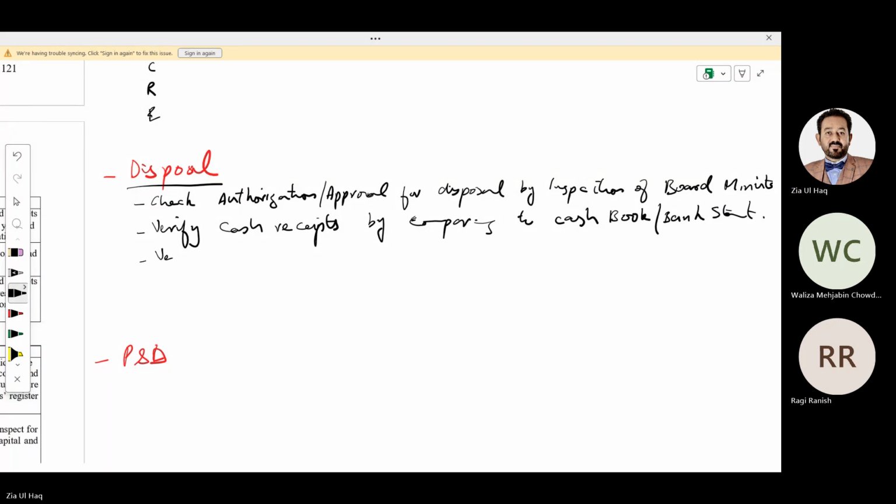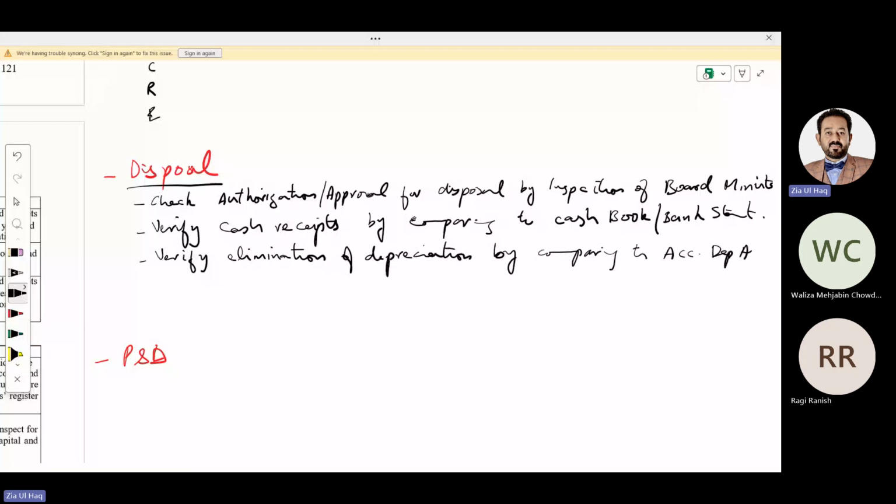Verify elimination of depreciation by comparing to the accumulated depreciation account.